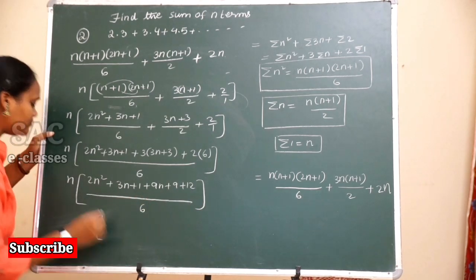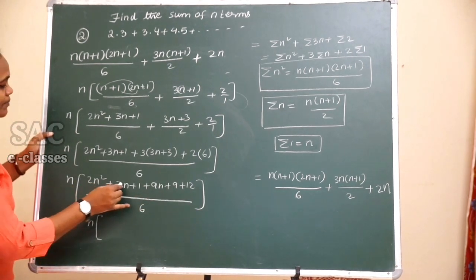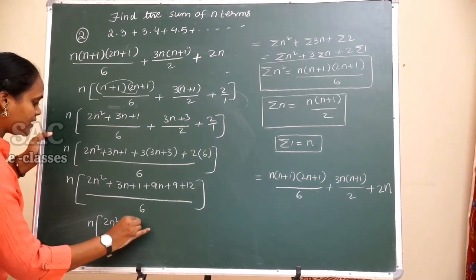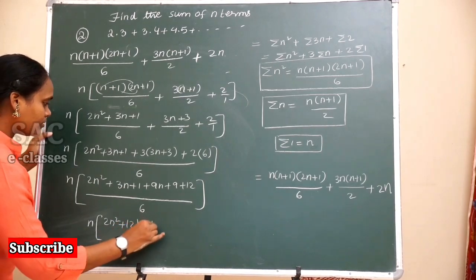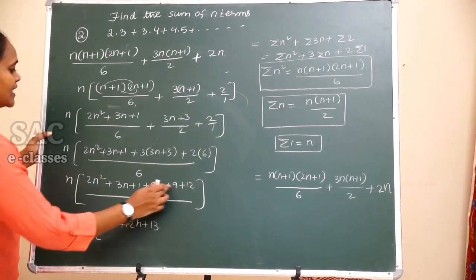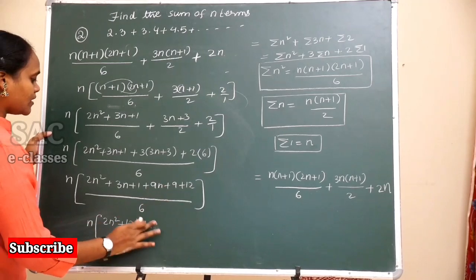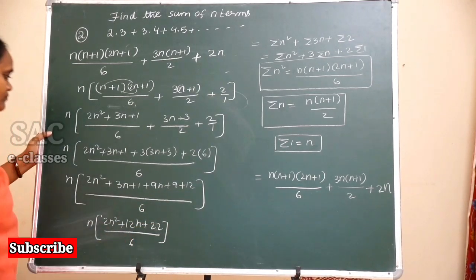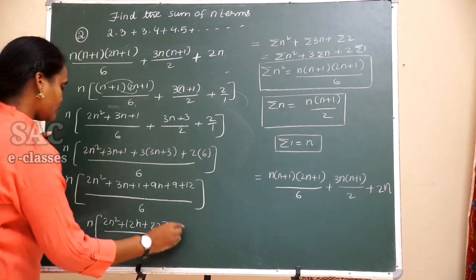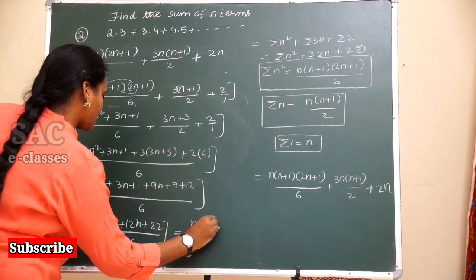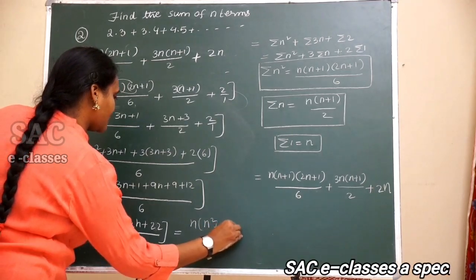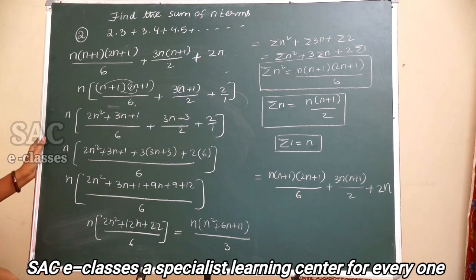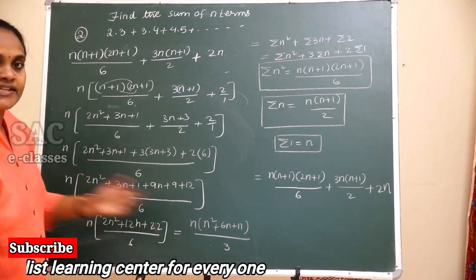So n into 2n square plus 3n plus 9n gives you 2n square plus 12n, plus 9 plus 1 is 10, 10 plus 12 is 22, by 6. By taking 2 common, n into n square plus 6n plus 11 all by 3. But it cannot be factorized, so we can leave the answer in this way.